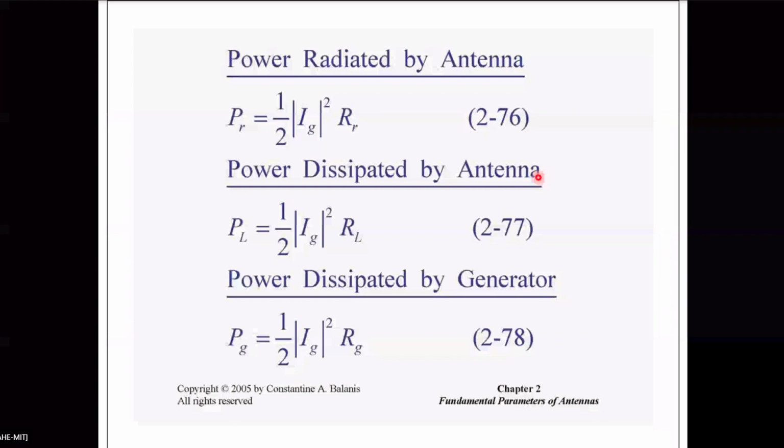Power dissipated by the antenna, PL, is half IG square into RL. Power dissipated by the generator is half IG square into RG. These reactances don't consume real power. They are reactive powers, which is not necessary to find out. Okay, have you understood this slide? Yes, sir.